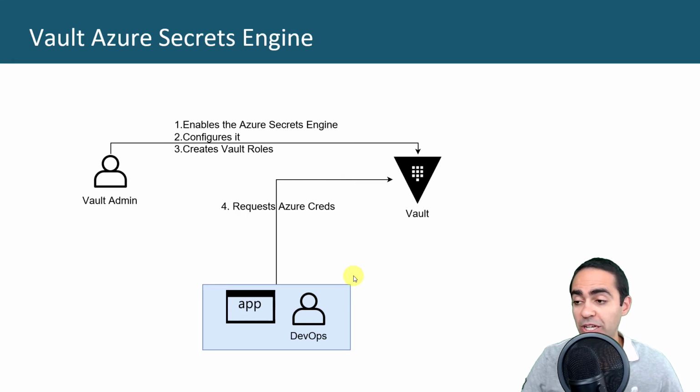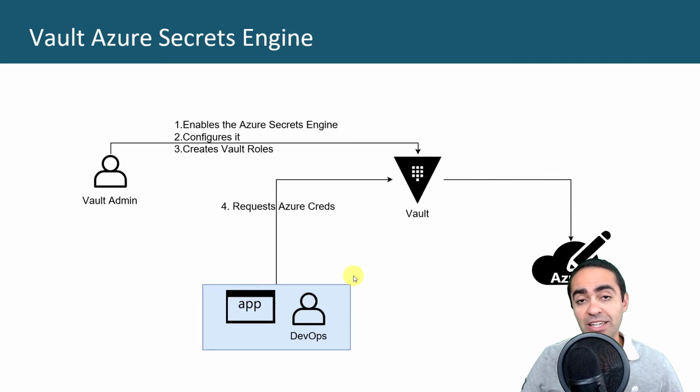Please give me some credentials. What will happen is Vault is going to go inside of Azure and create a client ID and a client secret for you. So those credentials will get created inside of Azure by Vault, because Vault has a connection into Azure through the Secrets Engine. And then it's going to return those credentials back to the user or to the application.